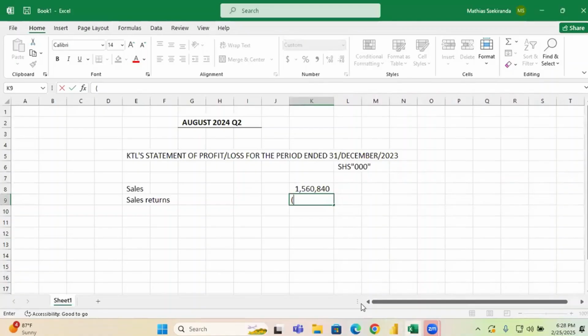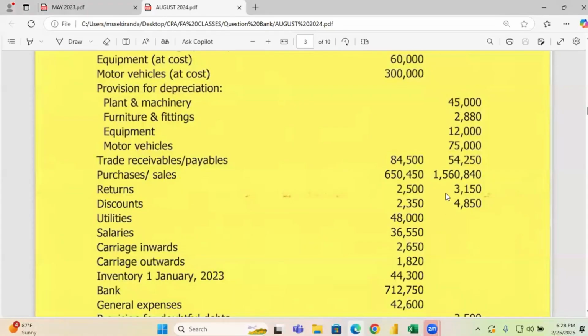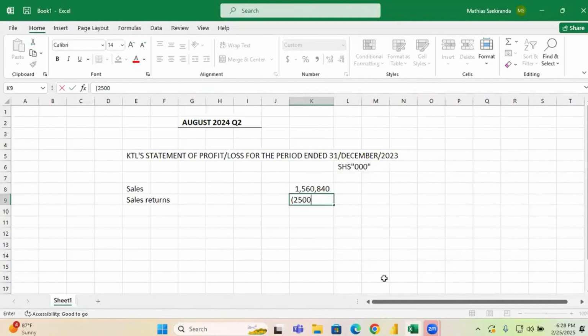So when there is a sales return, of course, sales are reducing. That's why we are taking the debit, because it is the debit that reduces a credit. That's why we are taking 2500 as our sales returns. It will always be a debit, and they reduce sales.